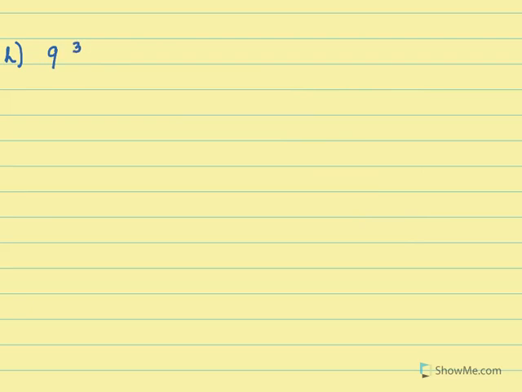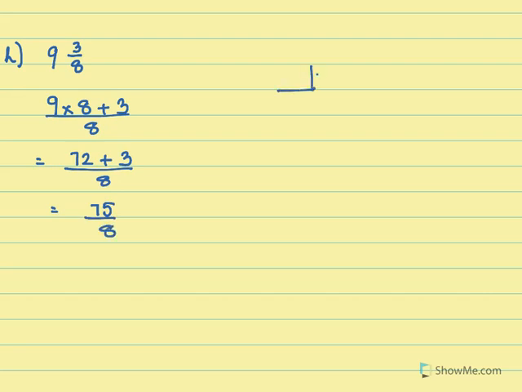Now for 9 and 3 by 8, it's a mixed fraction, so let's make it into 8 into 9 plus 3 over 8. So that will be 72 plus 3 over 8, 75 by 8. So we divide now 75 by 8.